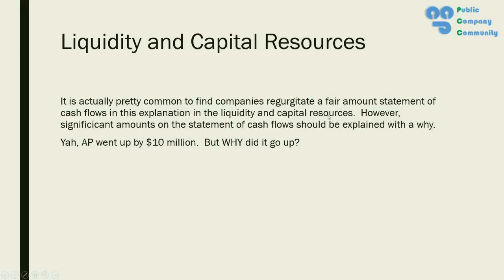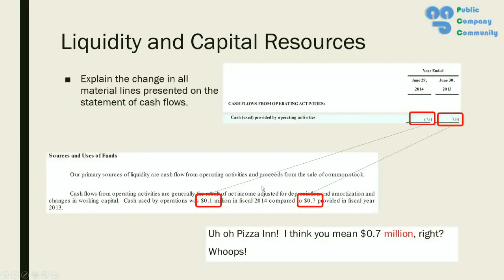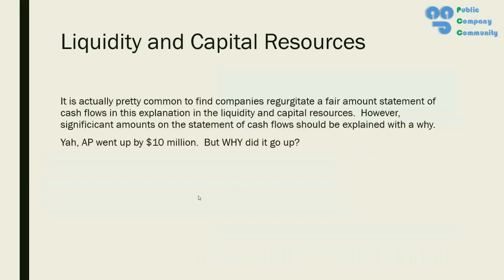Stepping back, with the liquidity and capital resources, it is pretty common to just see a lot of regurgitation of what happened in the statement of cash flows. They'll say cash flow from operations increased or decreased, provided by accounts payable, or vice versa.